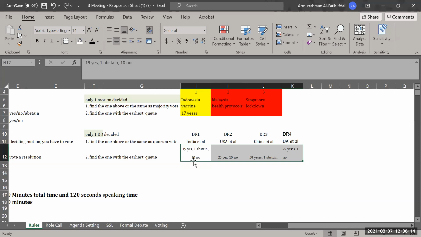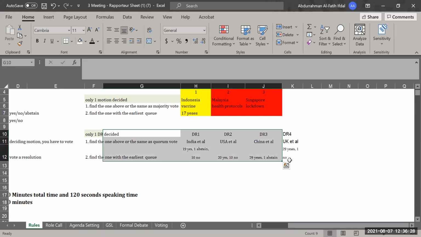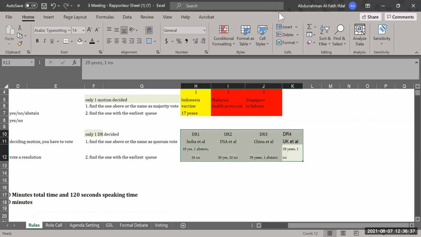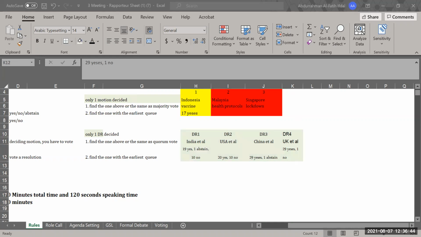India with 19 yeses, 1 abstain, 10 no. USA with 20 yeses and 10 no. China with 29 yeses and 1 abstain, while UK has 29 yeses and 1 no. Now I want you guys to choose which DR passes. Is it DR1? Is it DR2? Is it DR3? Or is it DR4? You can answer it through the Zoom chat box. You can either say DR1, DR2, DR3, or DR4.